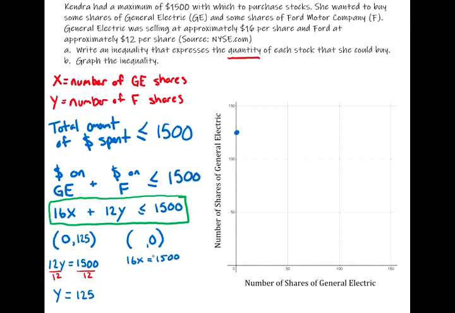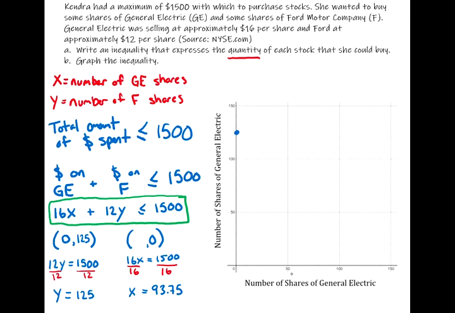Then if we let the y value equal 0 and solve for x, we divide both sides of the equation by 16. If you plug 1500 divided by 16 into the calculator, you will get 93.75.